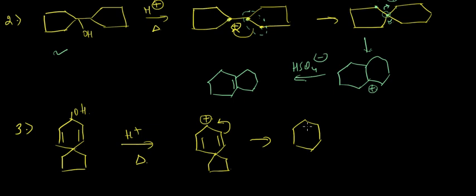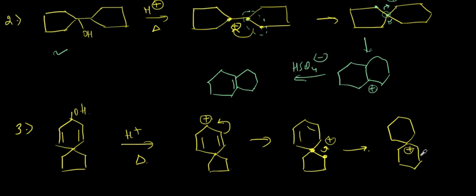We'll get something like this, positive charge here and a ring here. What will happen again is ring expansion will happen, in which this carbon atom will get negative charge, this carbon atom will get positive charge, and we'll have a positive charge on this carbon atom after the ring formation. So we will have something like, again, positive charge here.